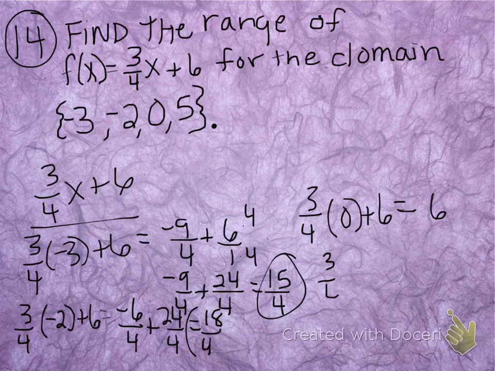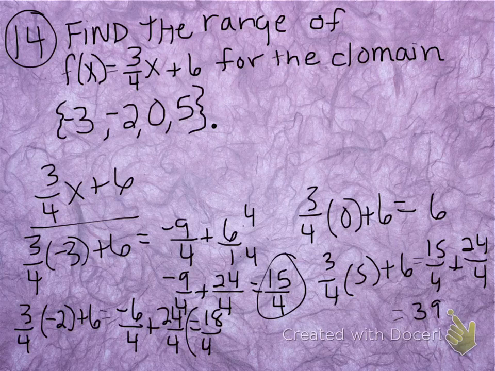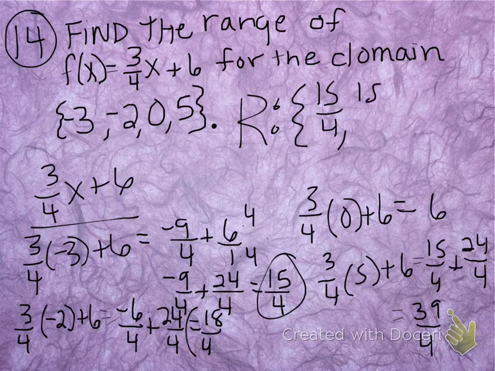And then 3/4 times 5 plus 6, which is going to be 15/4, plus we can use the 24/4 again, which is going to give you 39/4. So your range is 15/4, 18/4, 6, and 39/4.